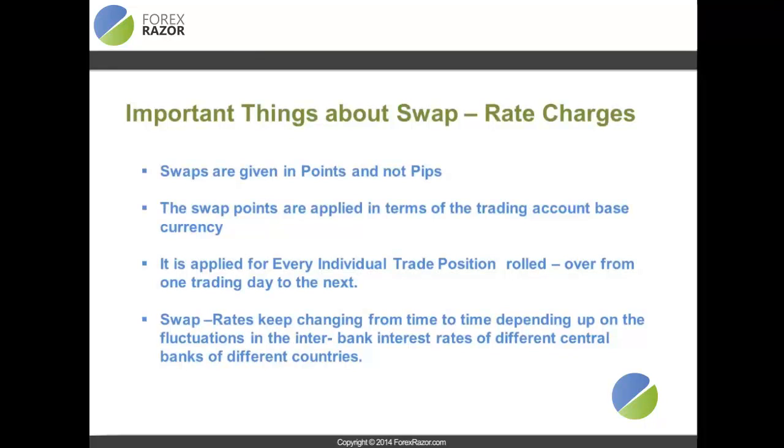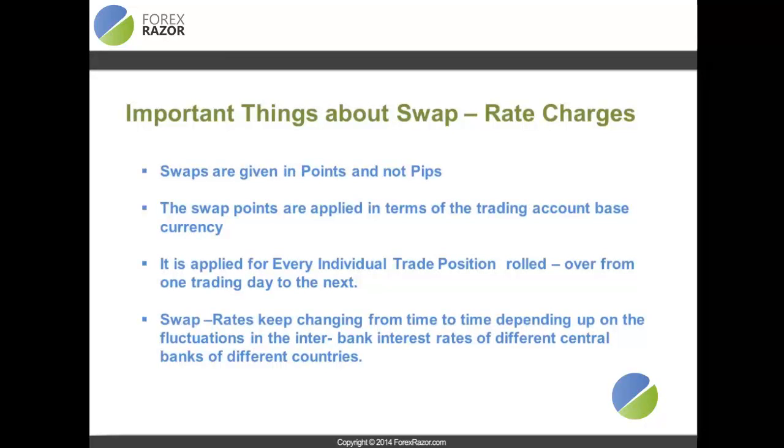There are a few important things to consider about swap rate charges. Firstly, the swap charges are given in points and not in pips on your MT4 platform. However, since each pip is worth 10 points, you can do the conversion for your calculation purpose.